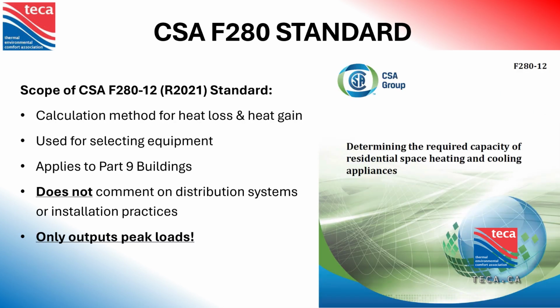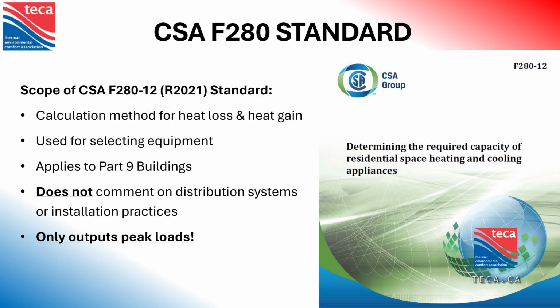There's a lot of confusion about what the CSA F280 standard actually is. When you get right down to it, it's a calculation method for heat loss and heat gain. It's for selecting heating and cooling equipment. It applies to Part 9 buildings only, and it has no comment on the distribution system or installation practices or anything like that.